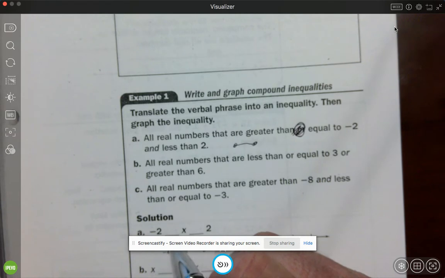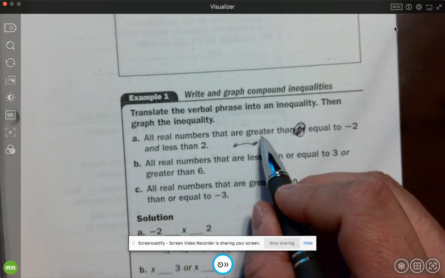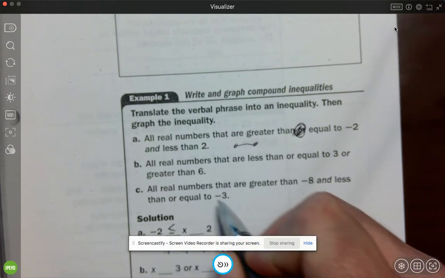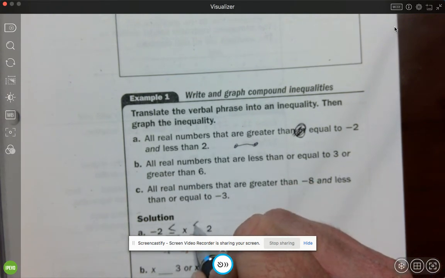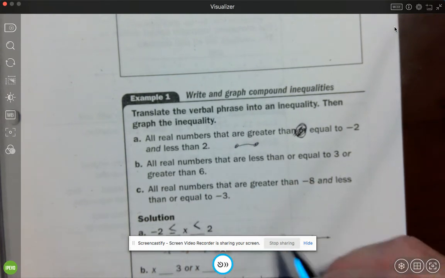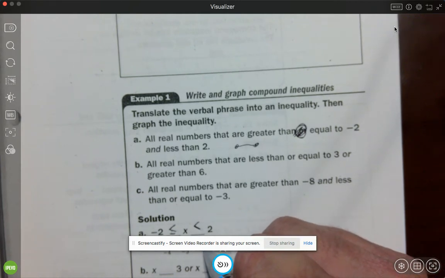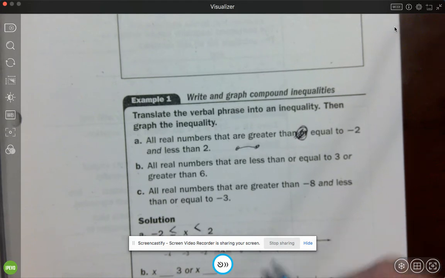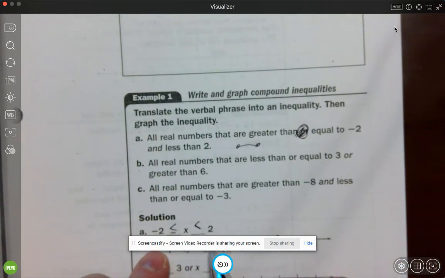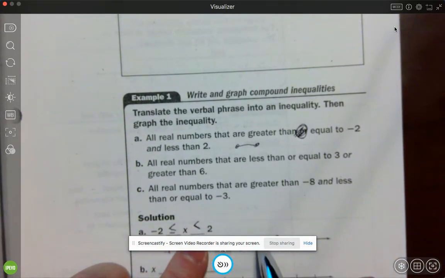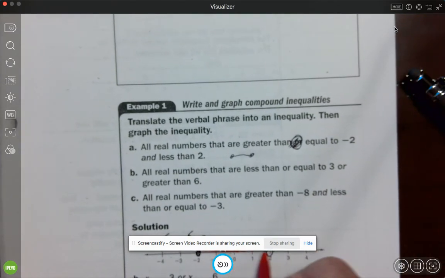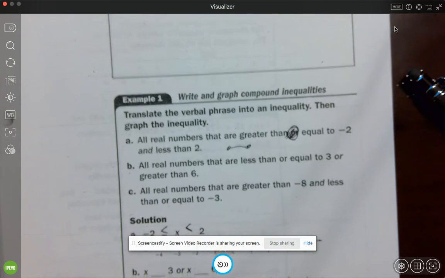It's greater than or equal to -2, so we'll put a closed dot here, and less than 2 will be an open dot here. Greater than or equal to -2 goes that way, and less than 2 goes the other way, and it connects like that.